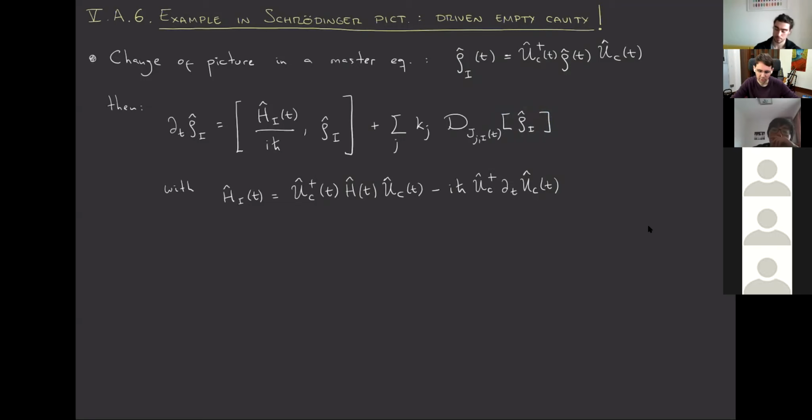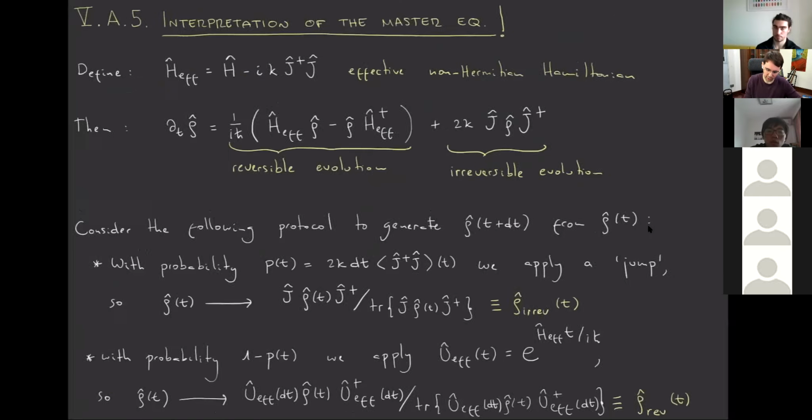Okay, so it's the same form, but now with new operators, new jump operators in the intermediate picture, which are just, as you can imagine, the transformed operators. Okay, so the master equation takes exactly the same form as we had.